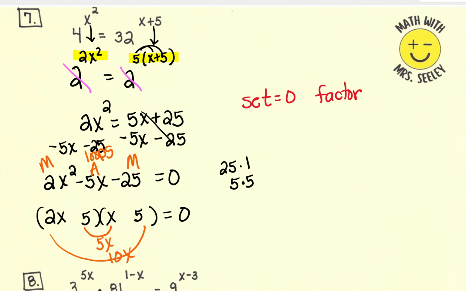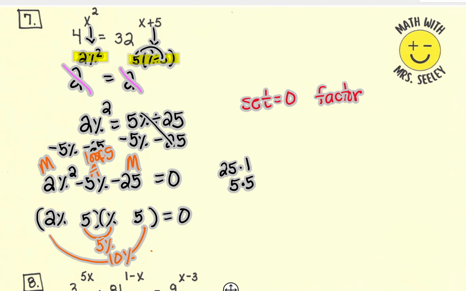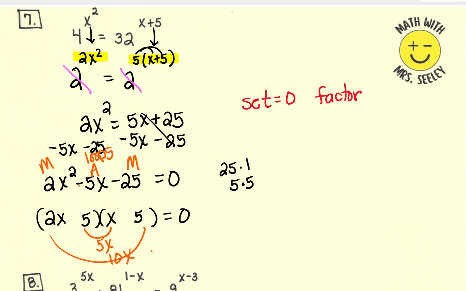And I can make a 5 and a 10 add to a negative 5 if I make the negatives win. So plus 5 and take away 10. That adds to get negative 5. So that loop is a plus. That bottom loop is a negative. And also positive times negative multiplies to get a negative 25.